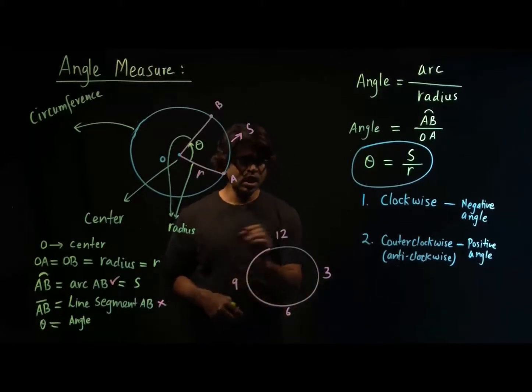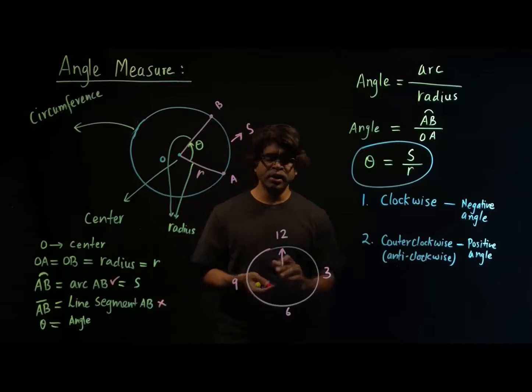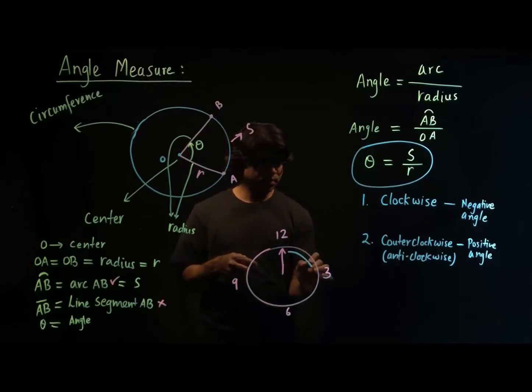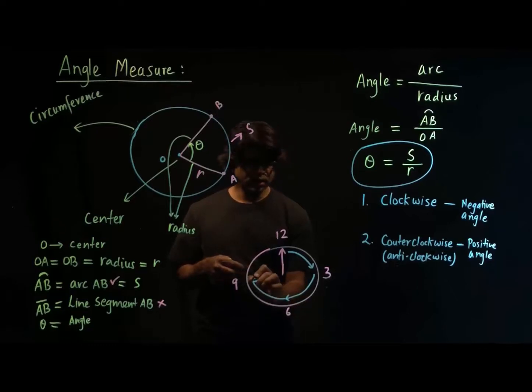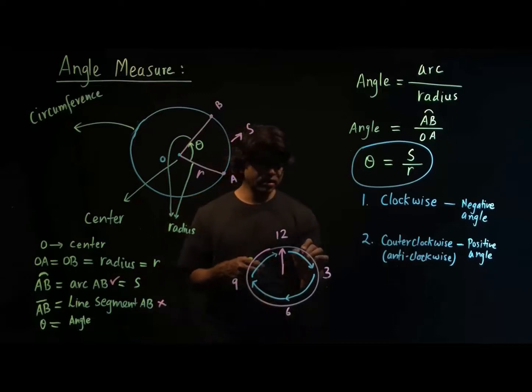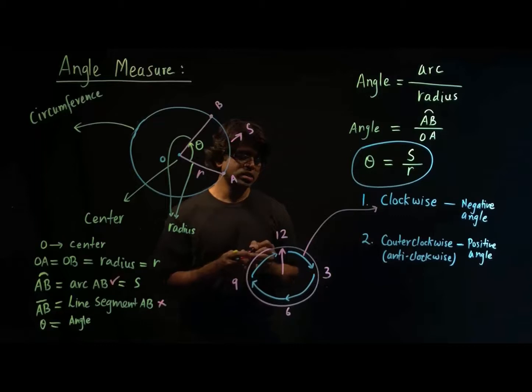And this is how the clock is: 12, 3, 6, and 9. Then I have a minute or second hand or hour hand that goes this way. It goes from 12 to 3, 3 to 6, 6 to 9, and then from 9 to 12. This movement of the clock is known as clockwise.